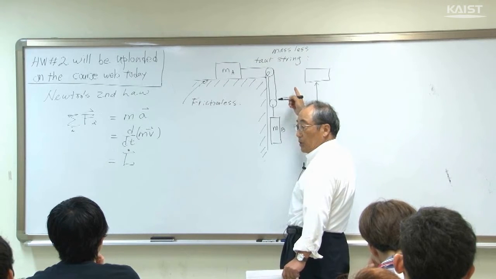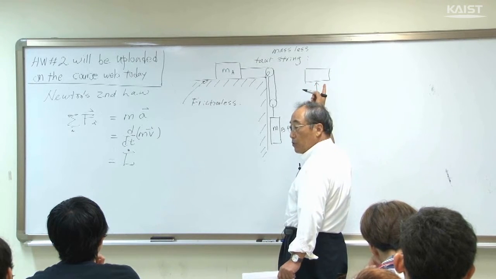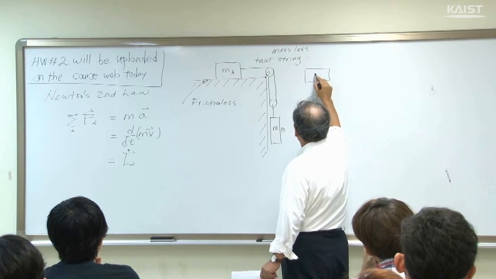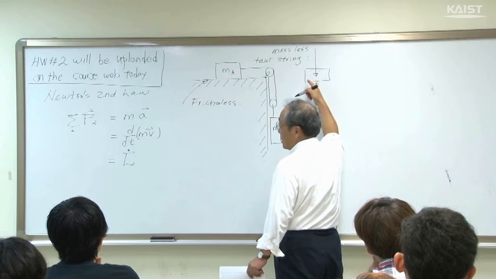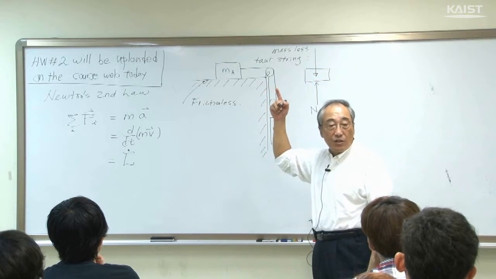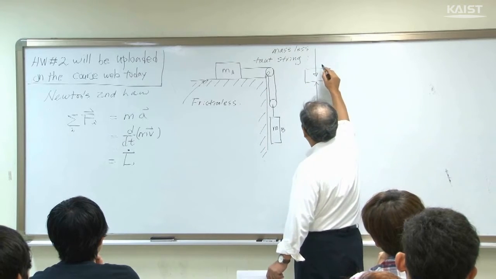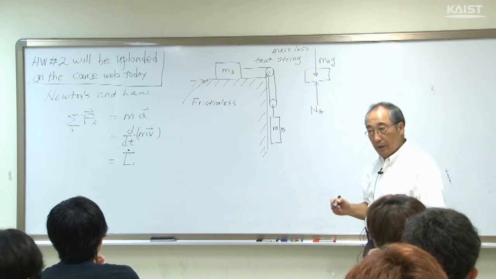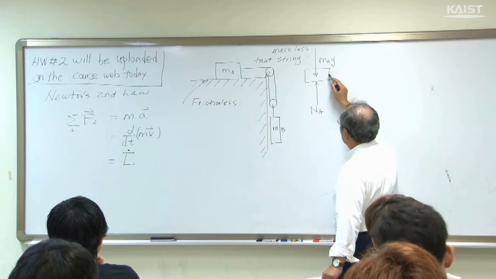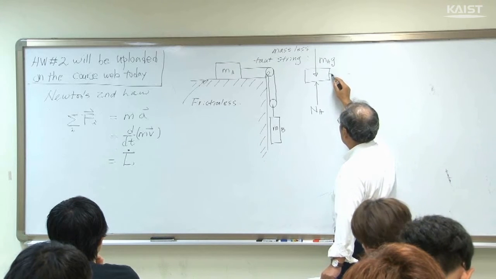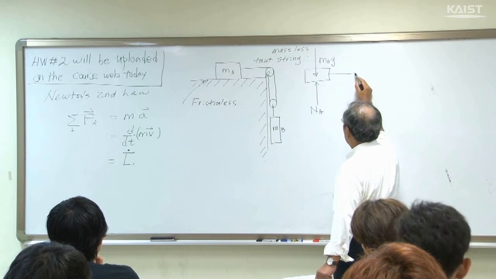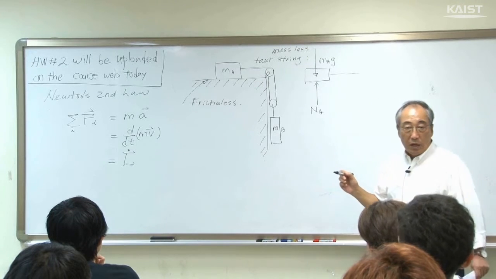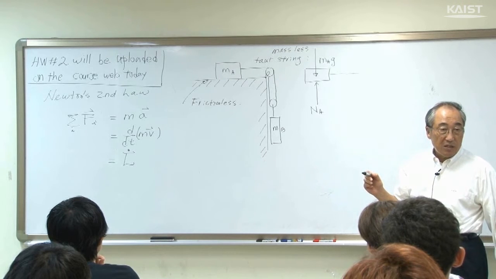Because friction is very small compared with the other forces, we assume a frictionless floor, there is no friction. And because it is in the gravitational force field, there is a force MAG, the weight. And of course you can assume there is a tension, but he said instead of assuming tension, why don't we consider these two masses at the same time?